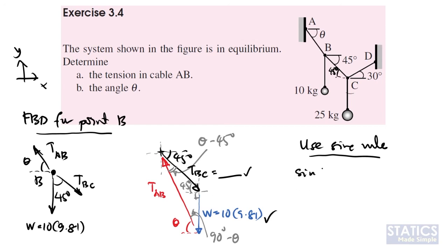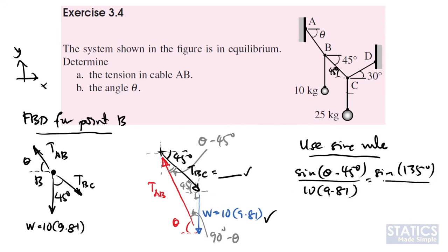I will have sine of theta minus 45 over the side that's opposing this angle, which is W, 10 times 9.1, equals sine of another known angle, 45 plus 90 degrees, which gives us 135 degrees, over the line opposing it, in this case TAB.